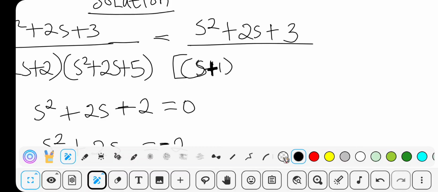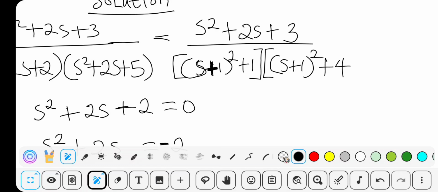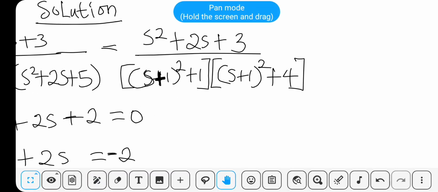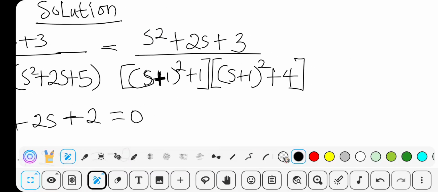It will definitely work, not all the time, so there are some other things too, but this is what you see most of the time. It cannot be factorized. So this is a way to factorize it.